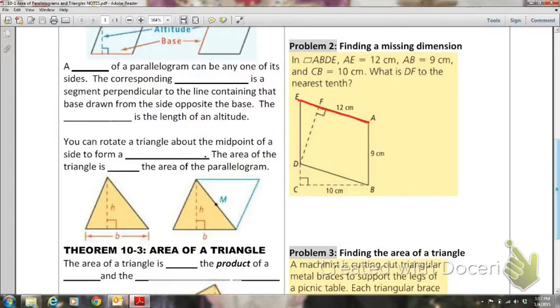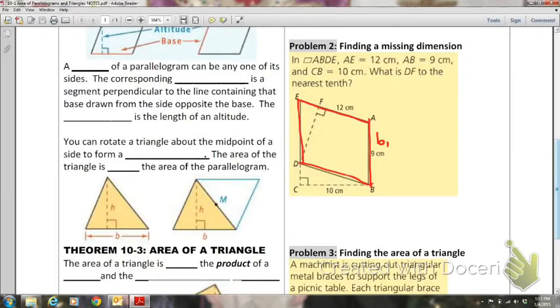So we need to find the area of the parallelogram using these dimensions. Let's let the 9 centimeters be base 1.